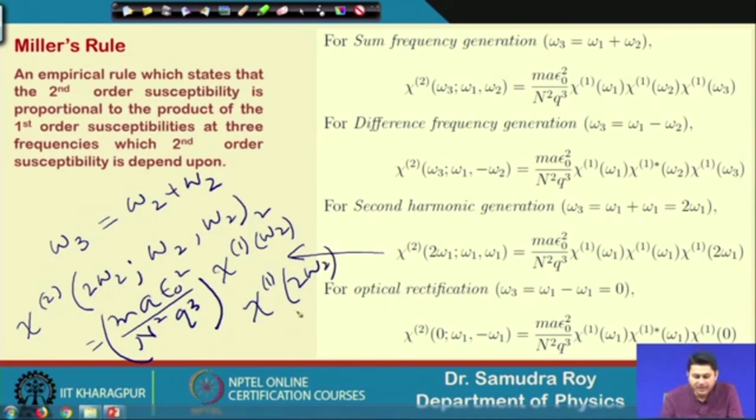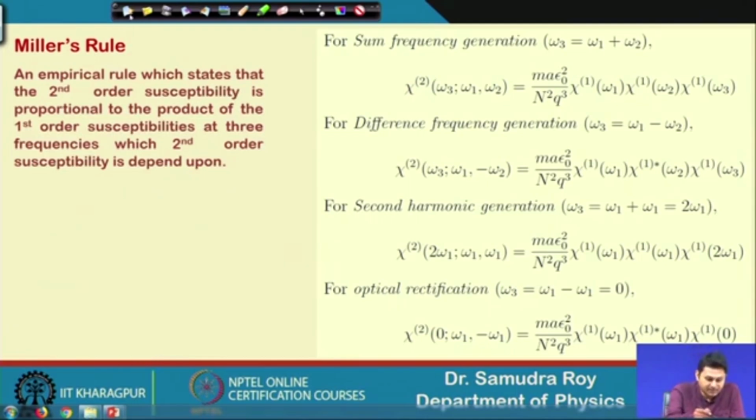In a similar way we have the optical rectification term. In the optical rectification term there should not be any frequency component. So, omega 1 minus omega 1 or omega 2 minus omega 2 will be there, giving rise to omega 0. So, I can also have the susceptibility which does not have any frequency component, and one can figure out the susceptibility at omega 1, susceptibility star at omega 1 and susceptibility at 0 frequency.